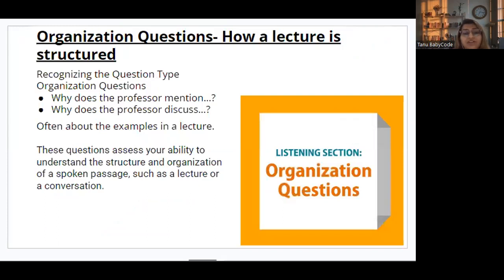Recognizing the question, why does the professor mention this, why does the professor discuss this, is often about examples in a lecture. Now these questions check your ability to understand the structure and organization of a spoken passage. It can be a lecture, it can be a conversation also.